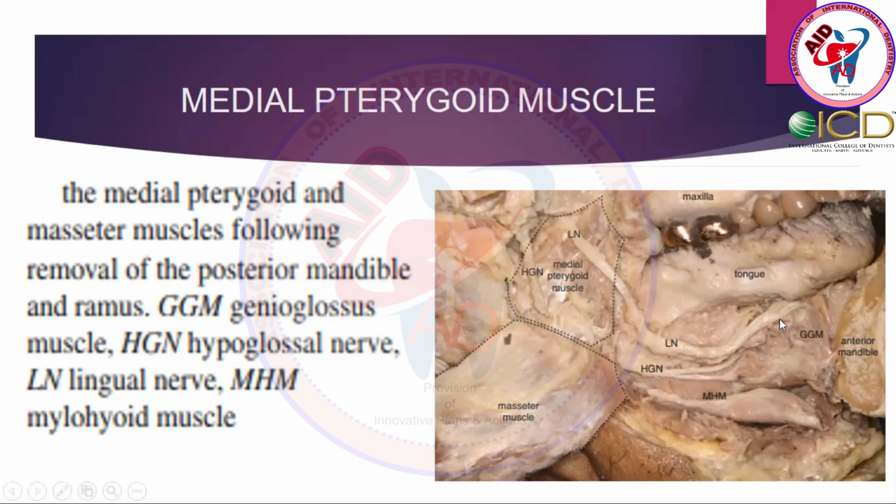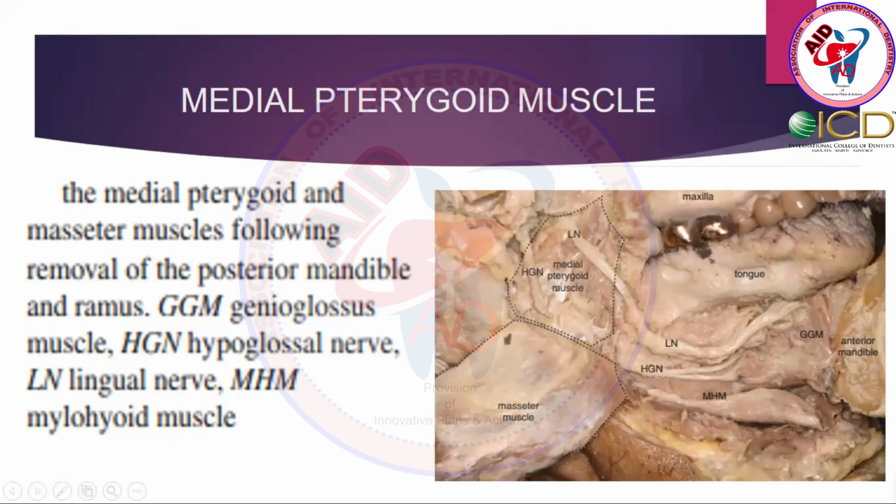So these are the genioglossus muscle, which moves forward to the anterior mandible, and that is the tongue you can see, and that is the portion of the maxilla. This is the lingual nerve. This is the hypoglossal nerve. That is the medial pterygoid muscle placed right on the medial side of the mandible.